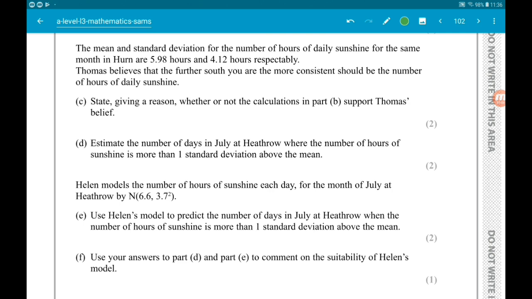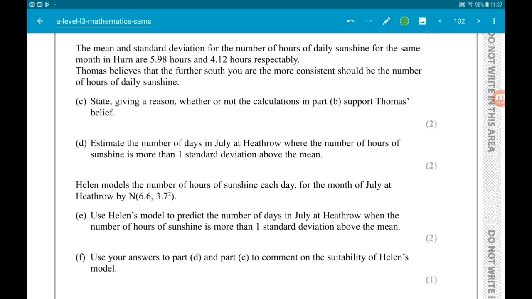You have a different large data set each year, and theoretically you're going to need to know about that data set. So don't go worrying here that you don't have a map to go with it. So Perpignan is south of Heathrow.